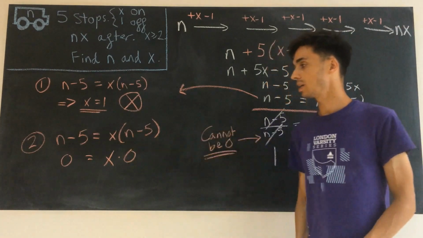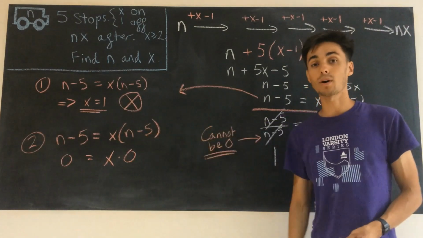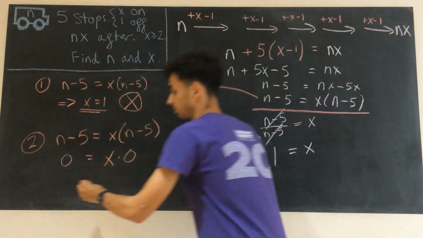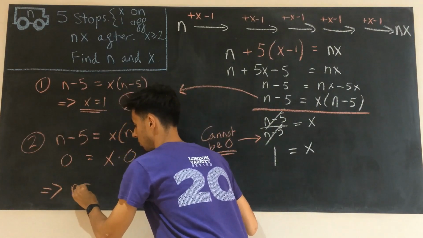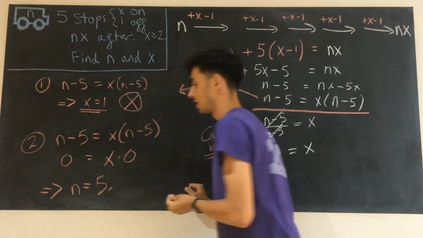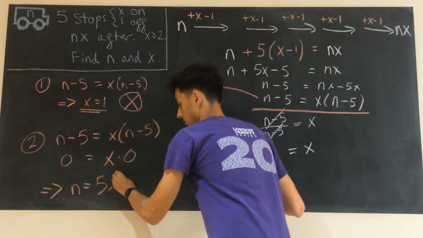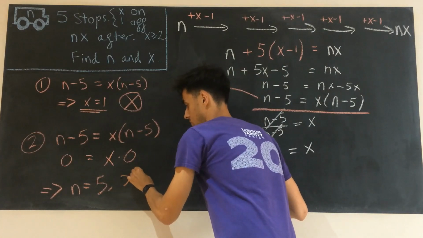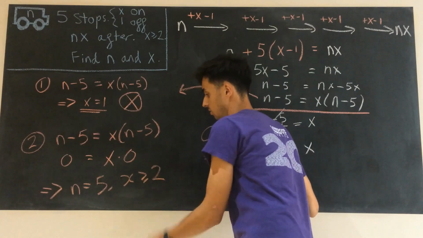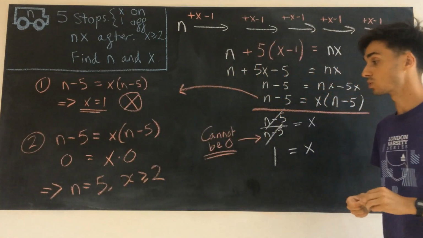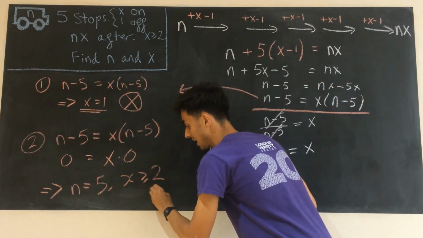So what this would mean for us, in the case that we had 0 as our n minus 5, this would mean n equals 5, and actually x could be any number. So x, we're told it was greater than or equal to 2, so let's just stick with that. X is greater than or equal to 2, but we can't say any more about x. It could actually be any number that we like.